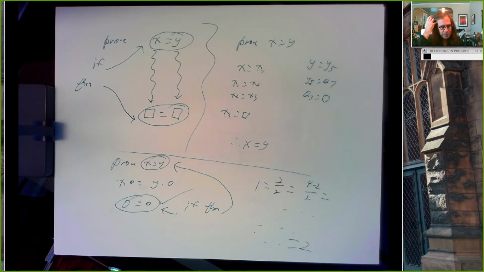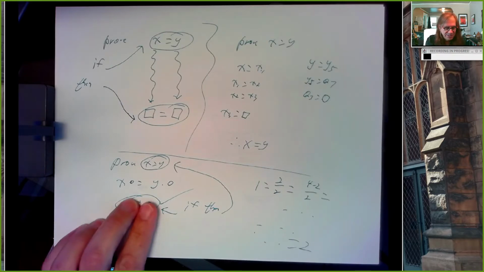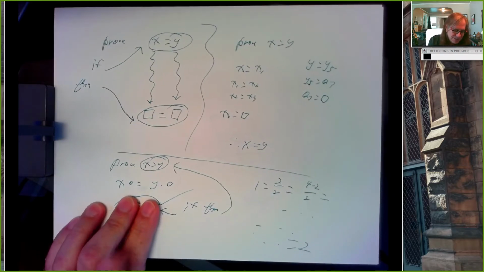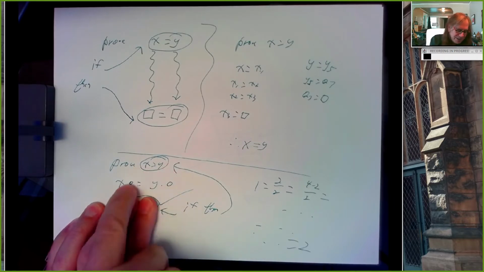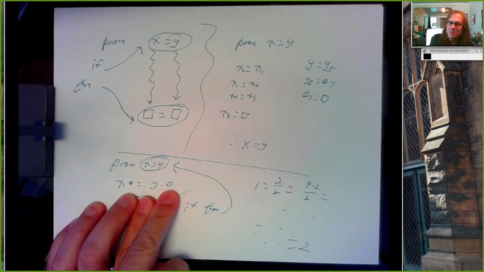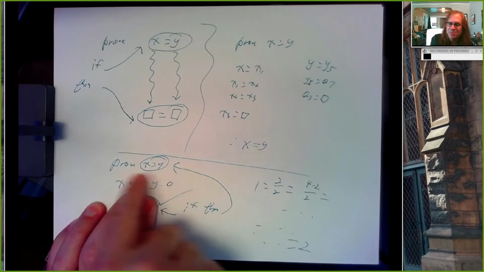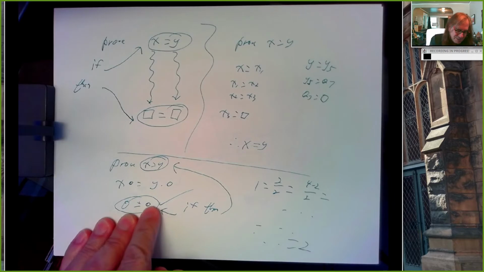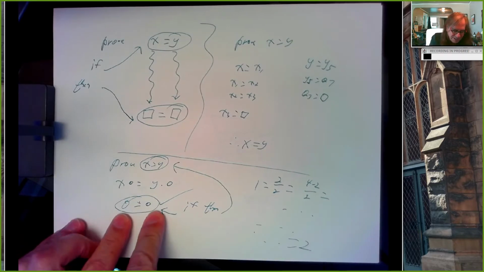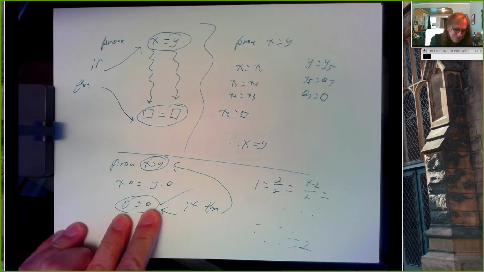So it's about modifying x and y and not about saying, well, if I'm going to assign x equal to 0 and y equal to 0, then 0 equals 0. Well, I didn't assign x and y to 0. I just multiplied both sides by 0. And if x equals y, then x times 0 should equal y times 0, right? Because we can multiply both sides. Well, I know x times 0 is 0, and I know y times 0 is 0. And I also know that 0 is equal to 0.